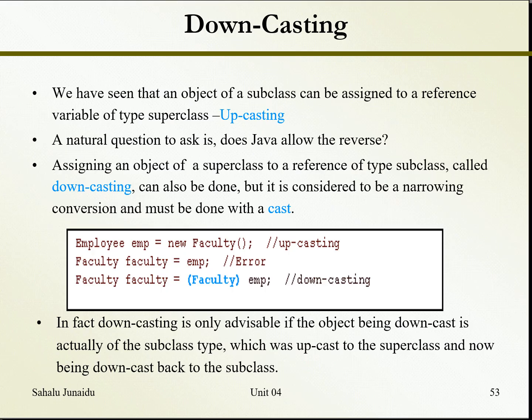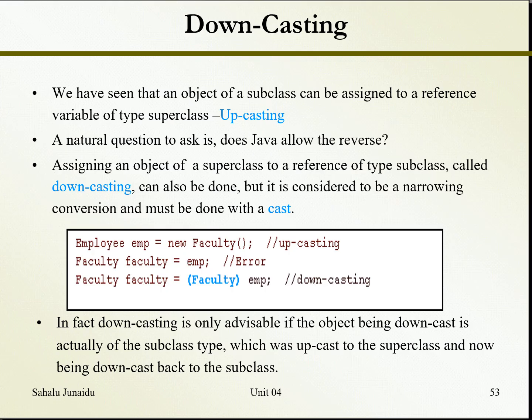In fact, downcasting is only advisable if the object being downcast is actually of the subclass type. So we have to make sure it is of the subclass type. If it is not, then again, this will lead to an error. So it was upcast to the superclass and is now being downcast back to the subclass, like this one.